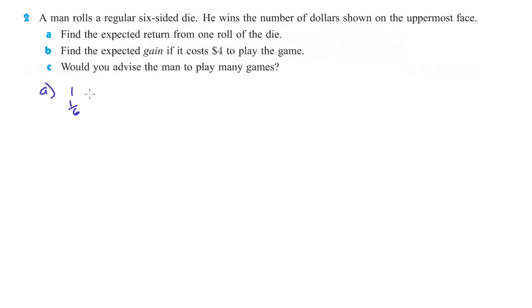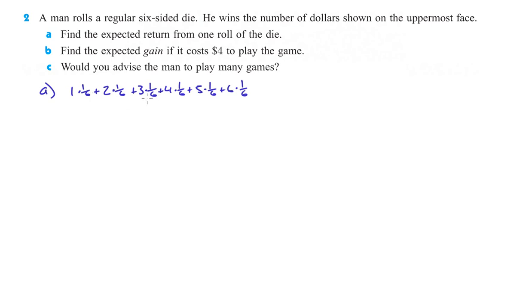Maybe we can even write it like this: 1 times 1/6 plus, if he rolls a 2, which is 1/6 of the time, he'll get $2 back, plus 3 times 1/6 plus 4 times 1/6 plus 5 times 1/6 plus 6 times 1/6, right? So we can put that all in our calculator and see what we get.